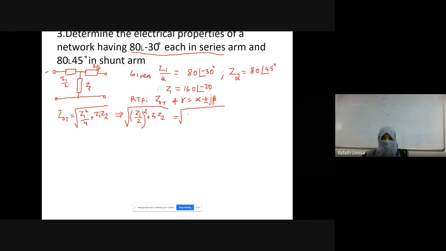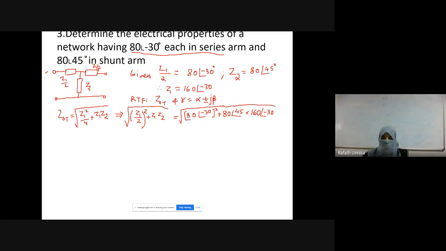Z1 by 2 whole square is nothing but 80 at an angle of minus 30 whole square, plus Z2, which is nothing but 80 at an angle of 45 degrees, into Z1. Z1 is nothing but 160 at an angle of minus 30.